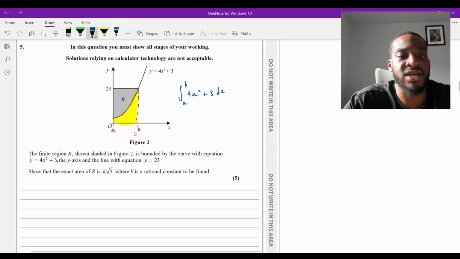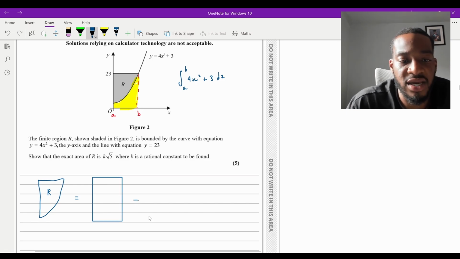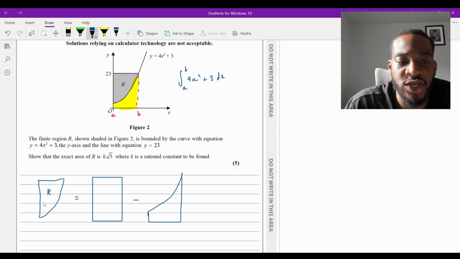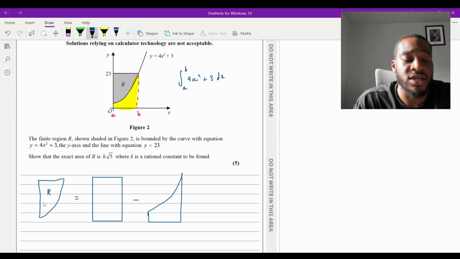If I wanted to calculate that region shaded in gray, I'm going to call this R. This would be equal to the area of the entire rectangle, and then I would just take this region away. You can see that quite clearly. If I do the rectangle, take away that one, it will leave me with this gray region here. So your job is to figure out what those areas are, subtract them, and then you're done.